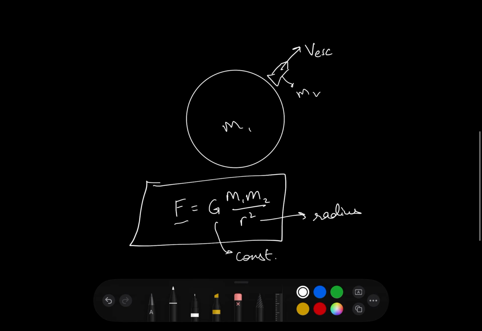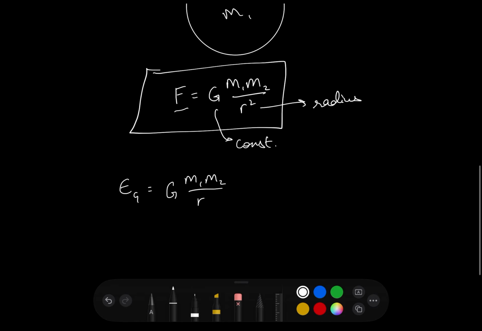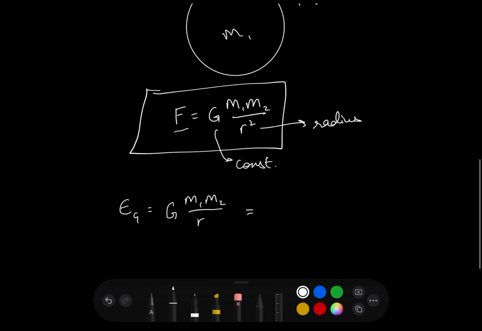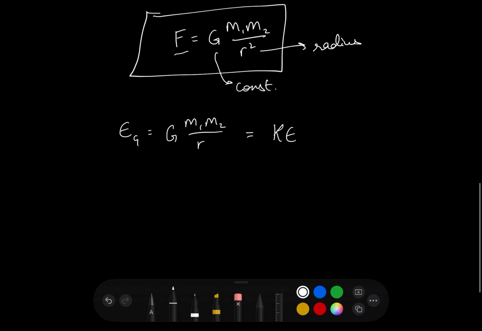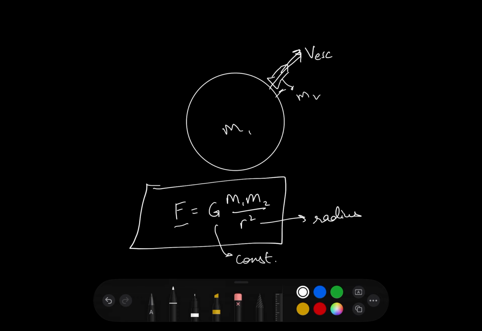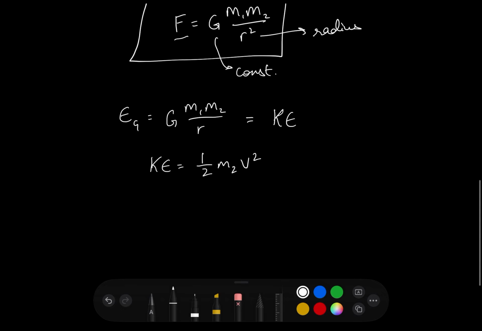Now the critical insight here is that when the rocket begins to rise, then the kinetic energy, which is the only kind of energy it would possess, is going to be equal to the gravitational energy. And so we know that the kinetic energy is just half mv squared, and because we're discussing the rocket here, that's half m2 v squared.